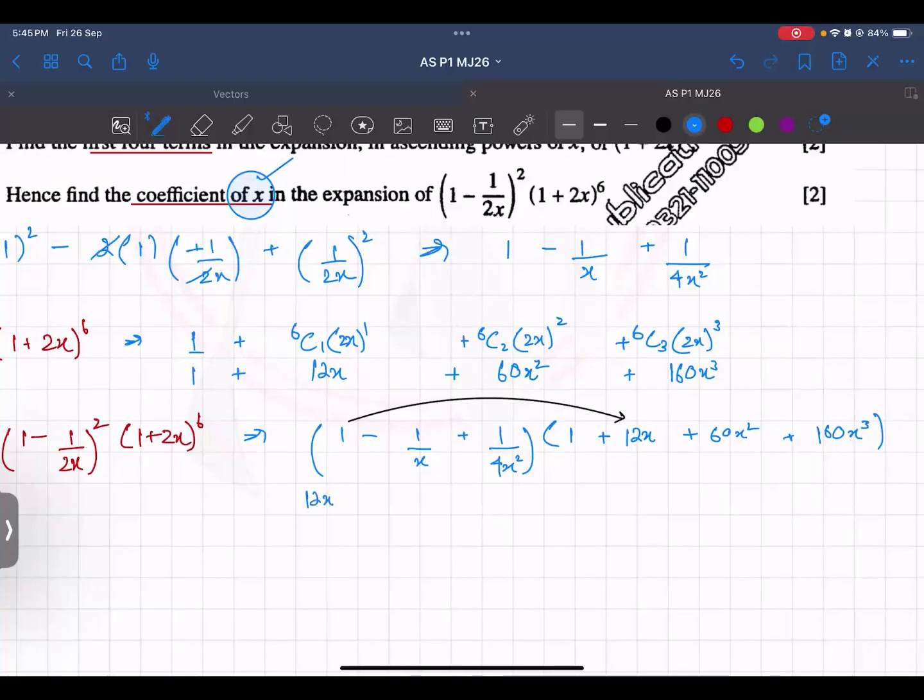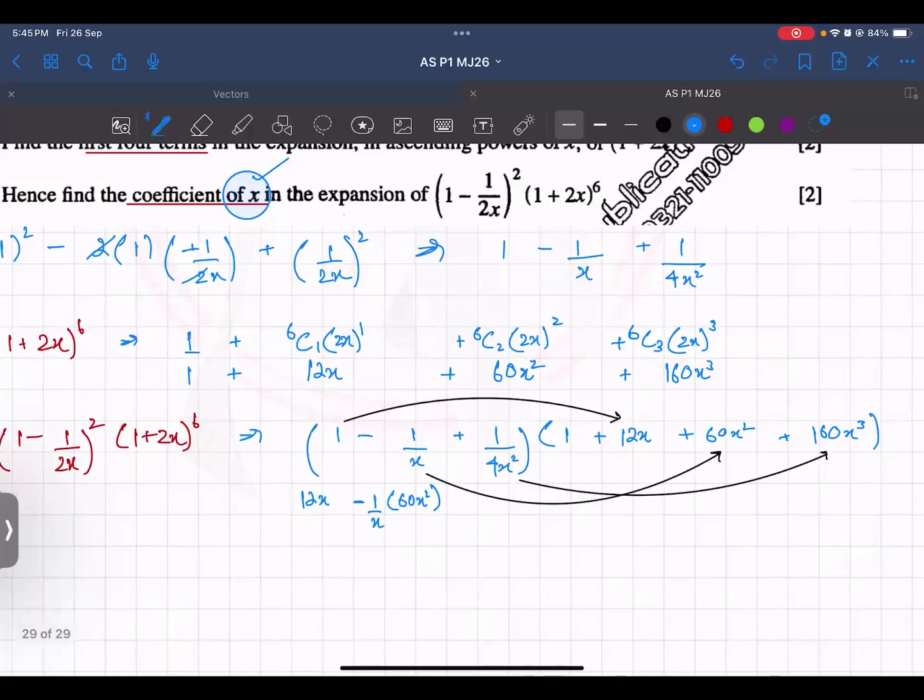And again, if I multiply minus 1 upon x with 60x square, I will get, look, again x. The x and the x square would cancel out, you will get x. Then you can also do 1 upon 4x square multiplied by 160x cube.